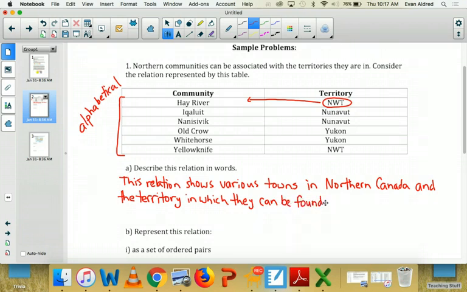And this is good. It depicts what's going on in the table, but you'll also want to include a second sentence. And that would be what links your left-hand column to your right-hand column.